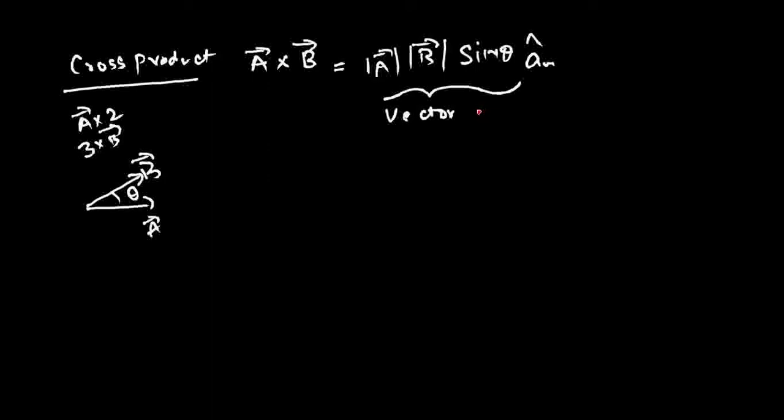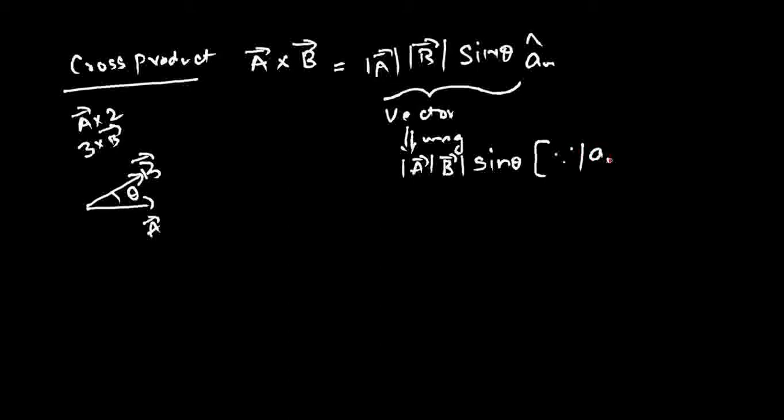So whenever you see cross product of two vectors, immediately you should think about two properties of the resultant. The resultant will have both magnitude and direction. What is the magnitude of this vector? The magnitude of this vector would be mod A mod B sin theta. What happens to A n cap?